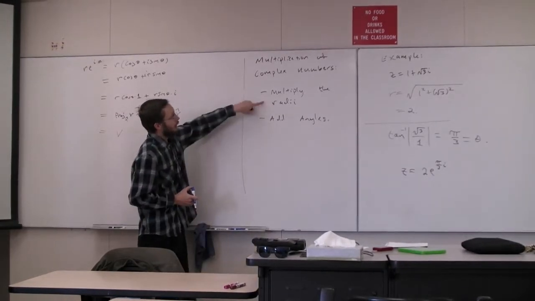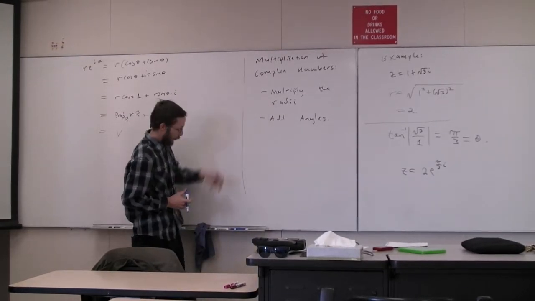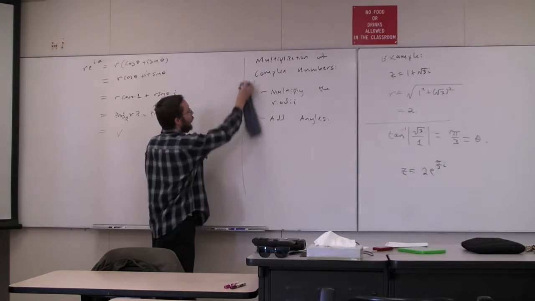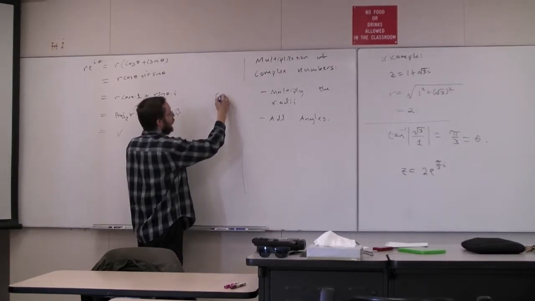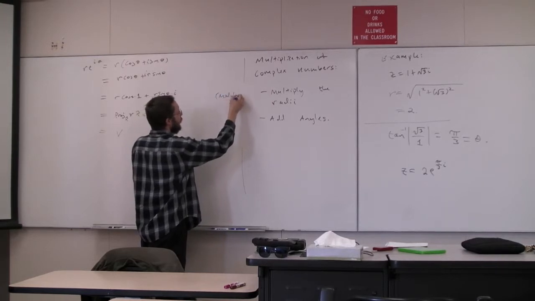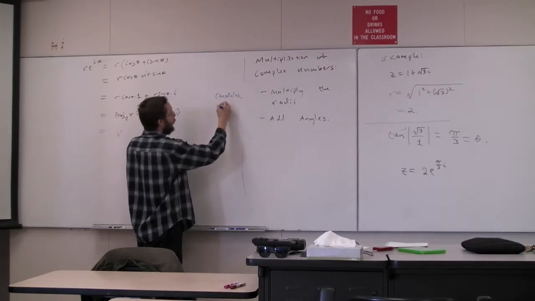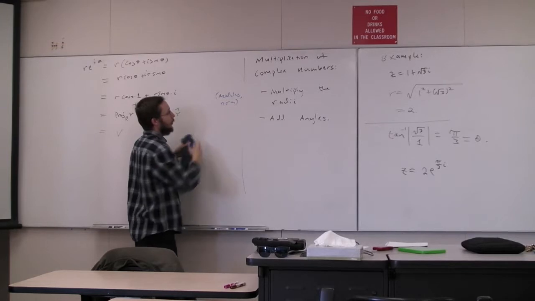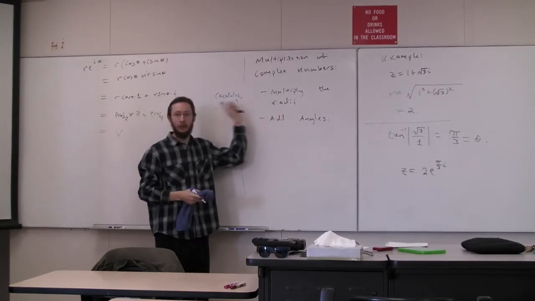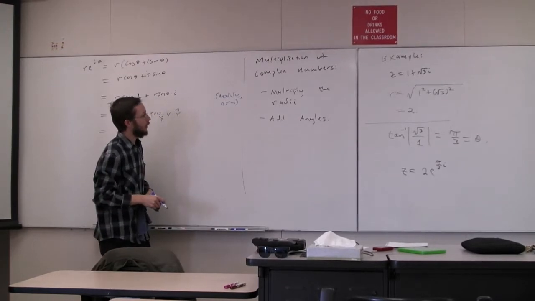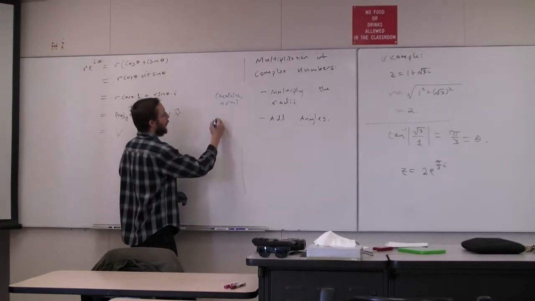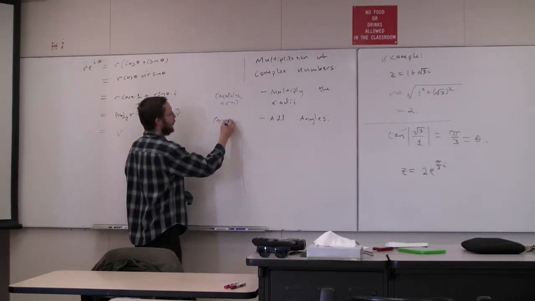And for those of you who weren't here last week, just an FYI, there's two other words that we often use for these. So radii, we often call those the modulus, or we may say norm as well. And so these three terms, they all mean the same thing. Radius, norm, modulus, all the same thing. The angles are what are called the argument.